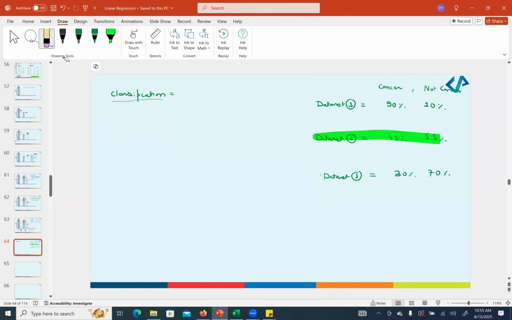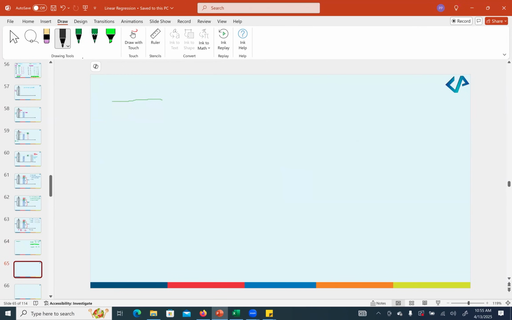Right, you're right. And similarly, if I talk about the regression part, now tell me what is going to be the maximum error.